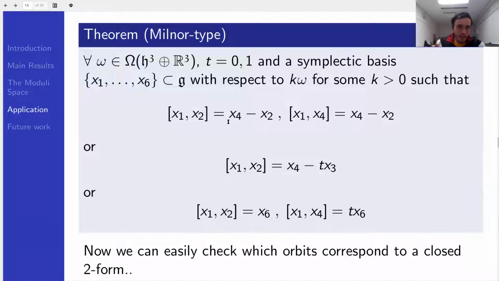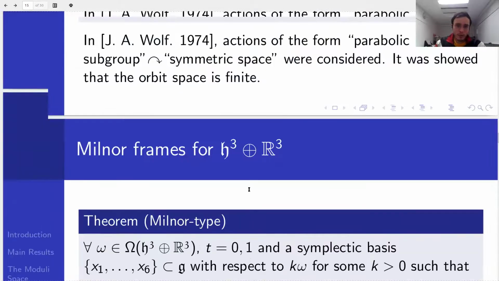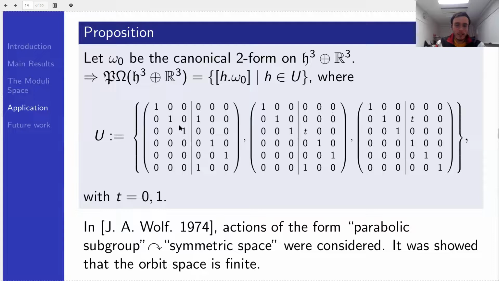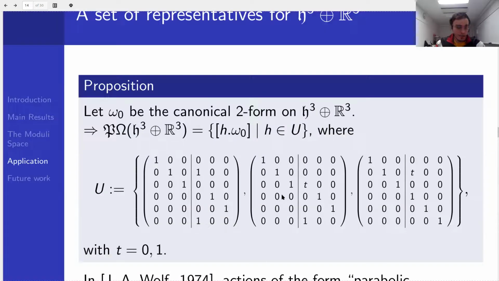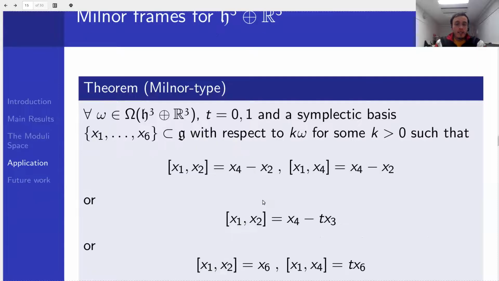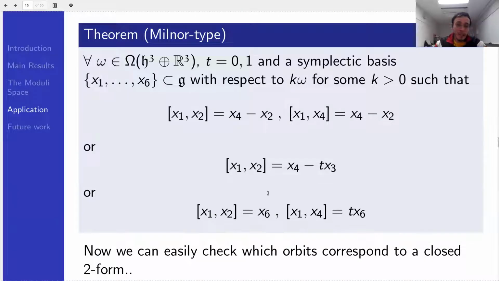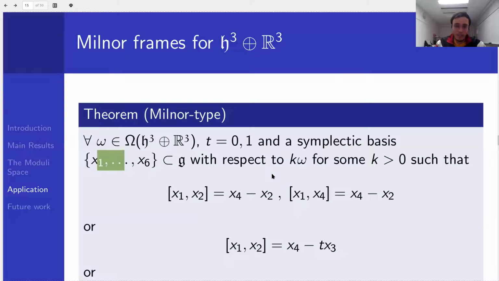So these different brackets correspond to just going back to the different elements in the set of representatives here. So we just have to put this in the formula for checking which orbit is closed. And again, because this is a symplectic basis and the brackets are very simple, it's very easy.